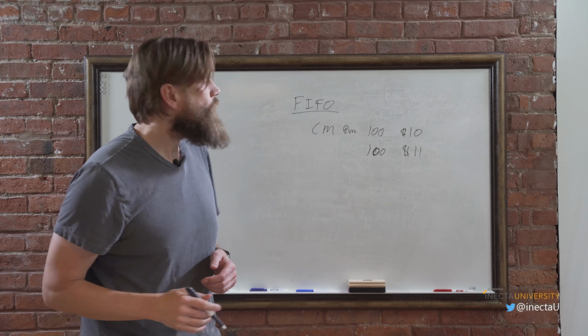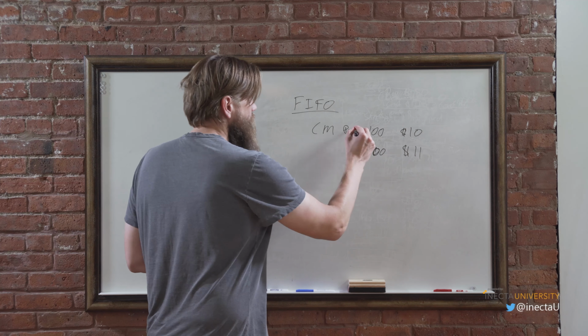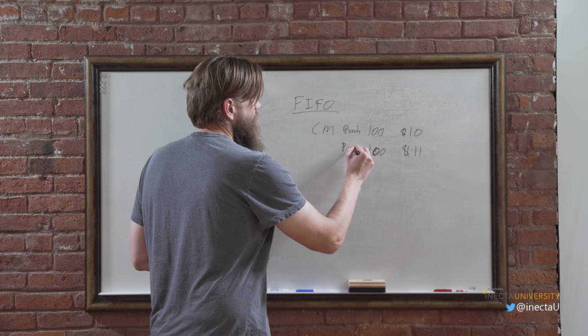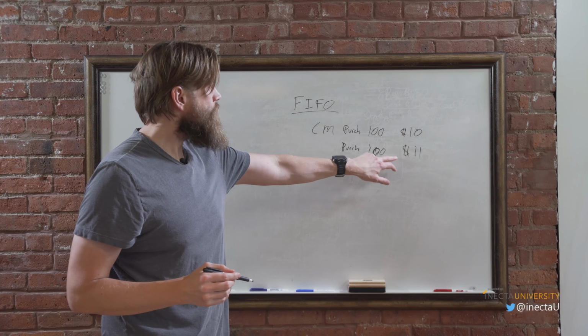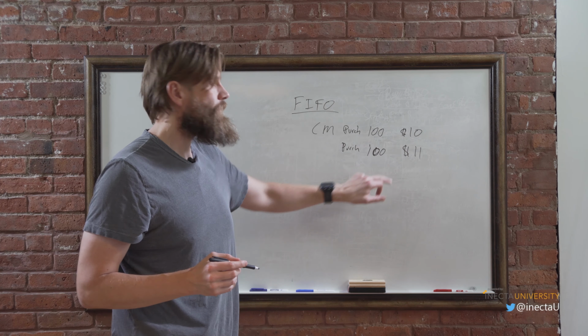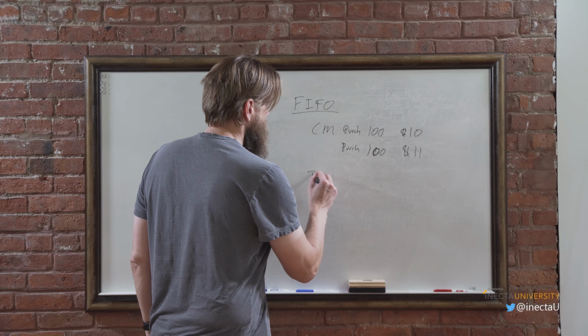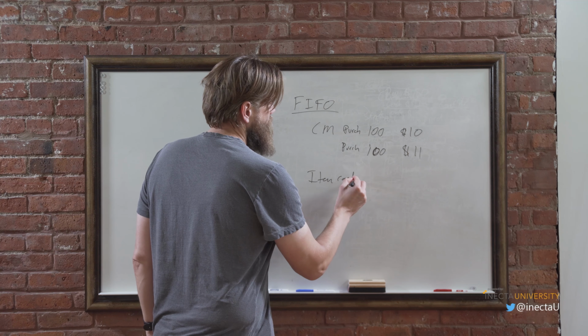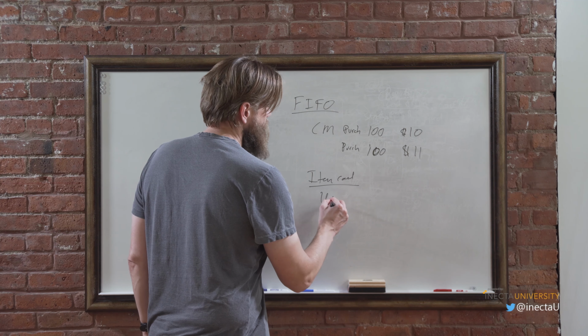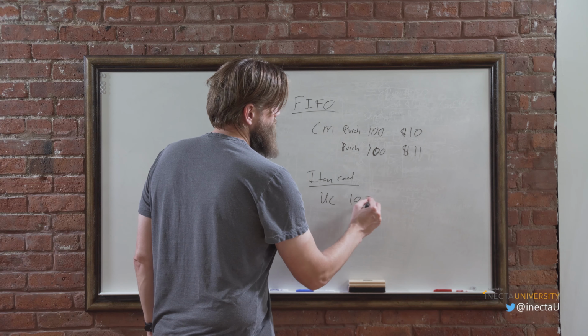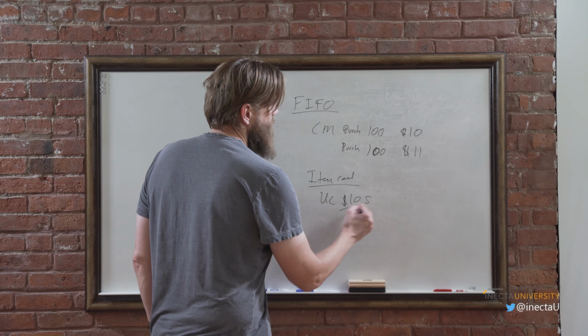And there's an interesting note on this. When you buy the 100 at 10 and then 100 at 11, the item card will show a unit cost of 10.05, and I'll highlight that.